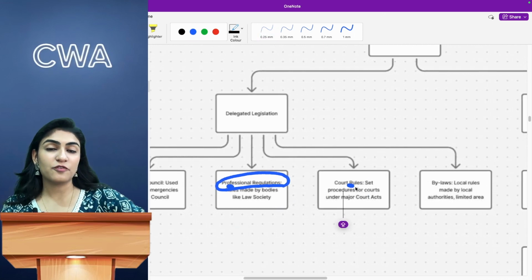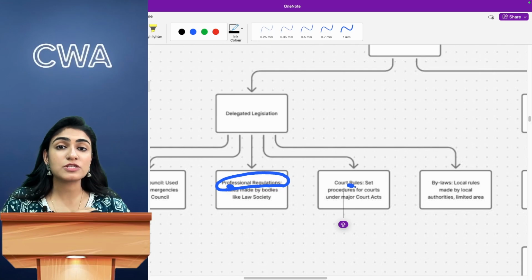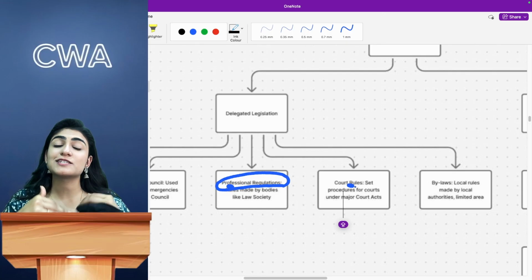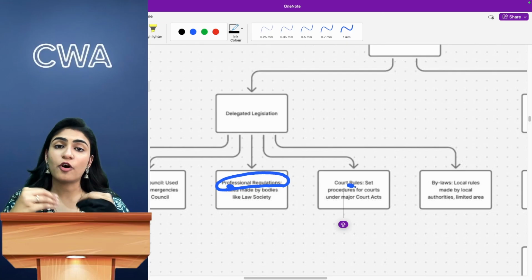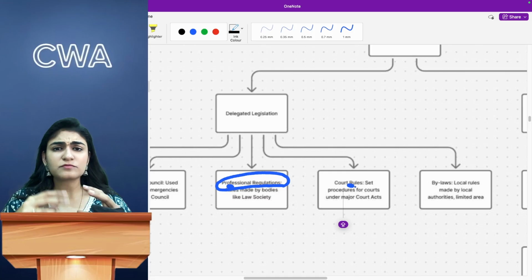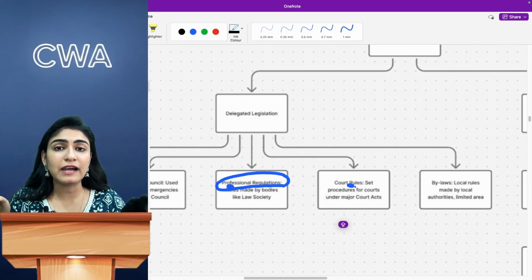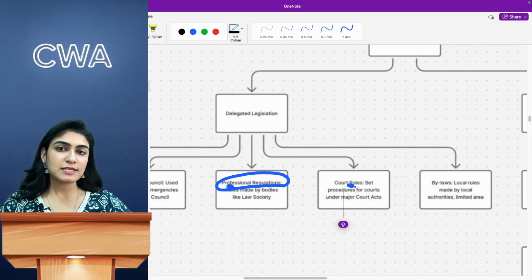Court rules: if you have ever seen, there are a few rules and regulations that apply only inside the courtroom, and not outside it. Let's say I take an example of India, or even many countries: as soon as judges enter, people sitting are supposed to stand up, and once the judges sit, you are supposed to sit down.